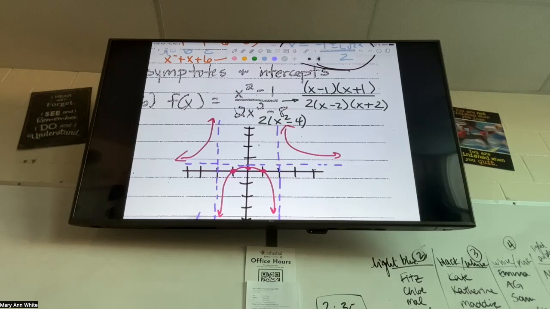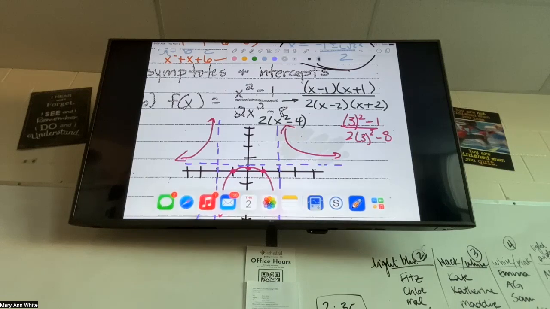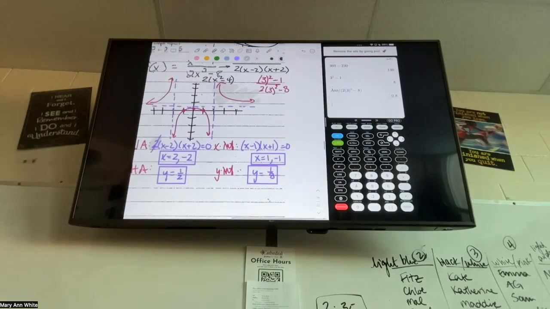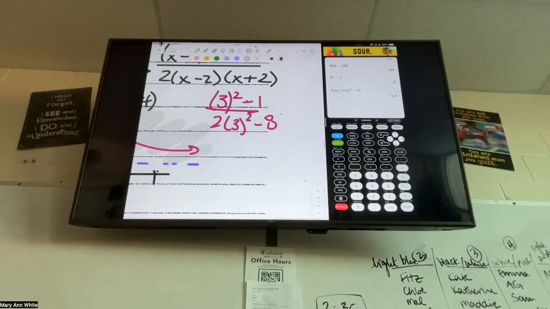So let's say I'm going to plug 3 in for x. All I'm doing right now is proving that that answer is going to be up in this part of the graph, okay? So let me get my calculator out. 3 squared minus 1 is 9 minus 1, which is 8.